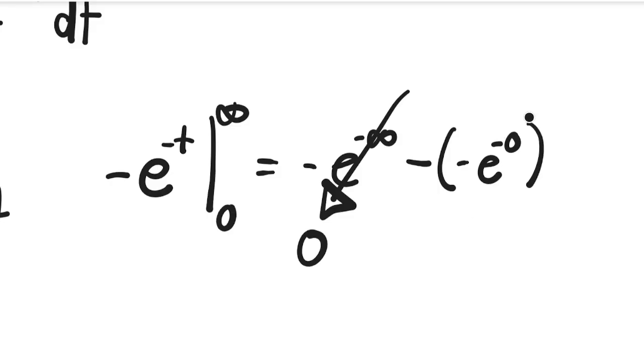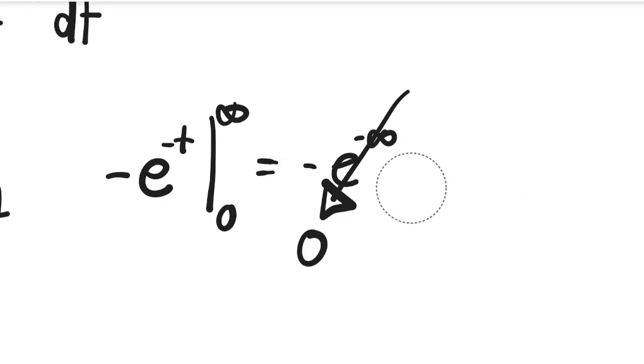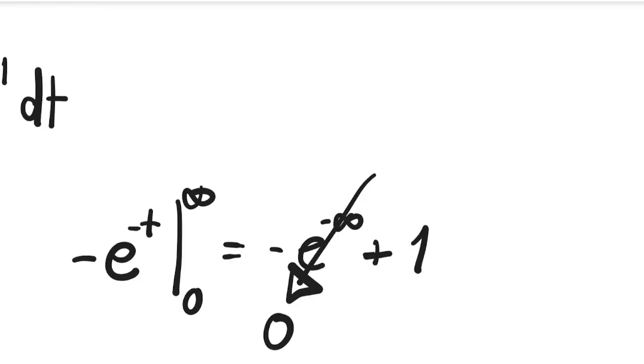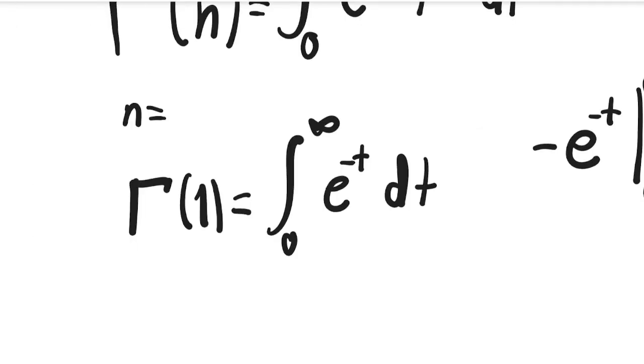Anything raised to the power of 0 is just 1, so this becomes plus 1. So gamma of 1 is simply 1.